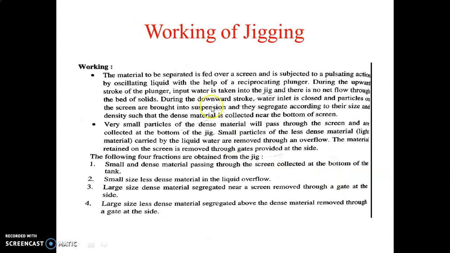But during the downward stroke, the water inlet is closed and the particles on the screen are brought into suspension, and the segregation, meaning separation, takes place according to their size and density, and dense material is collected near the bottom of the screen.